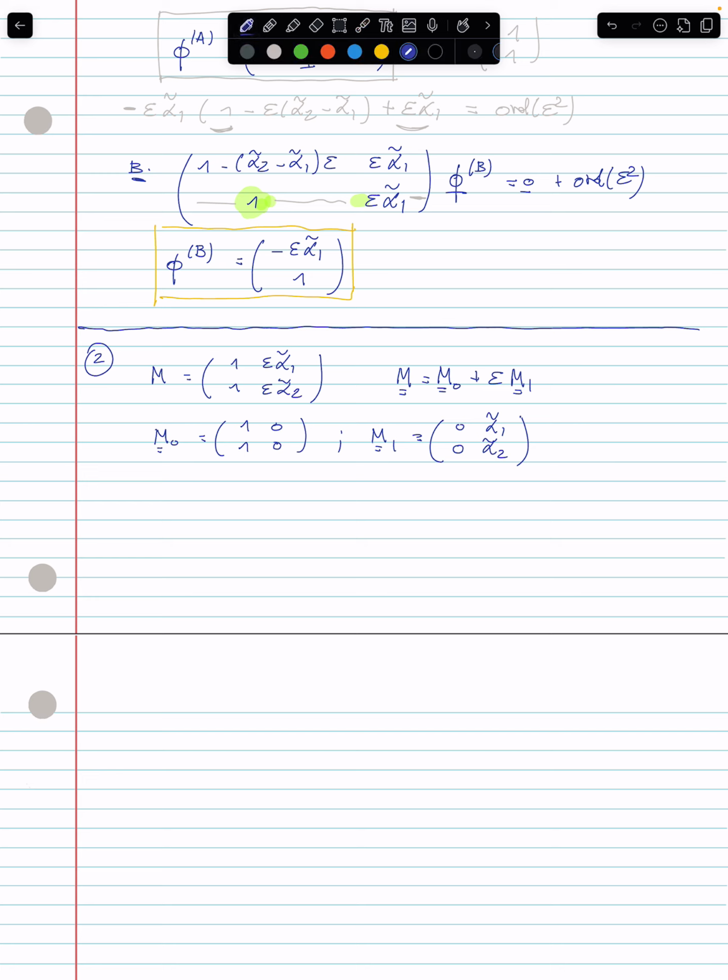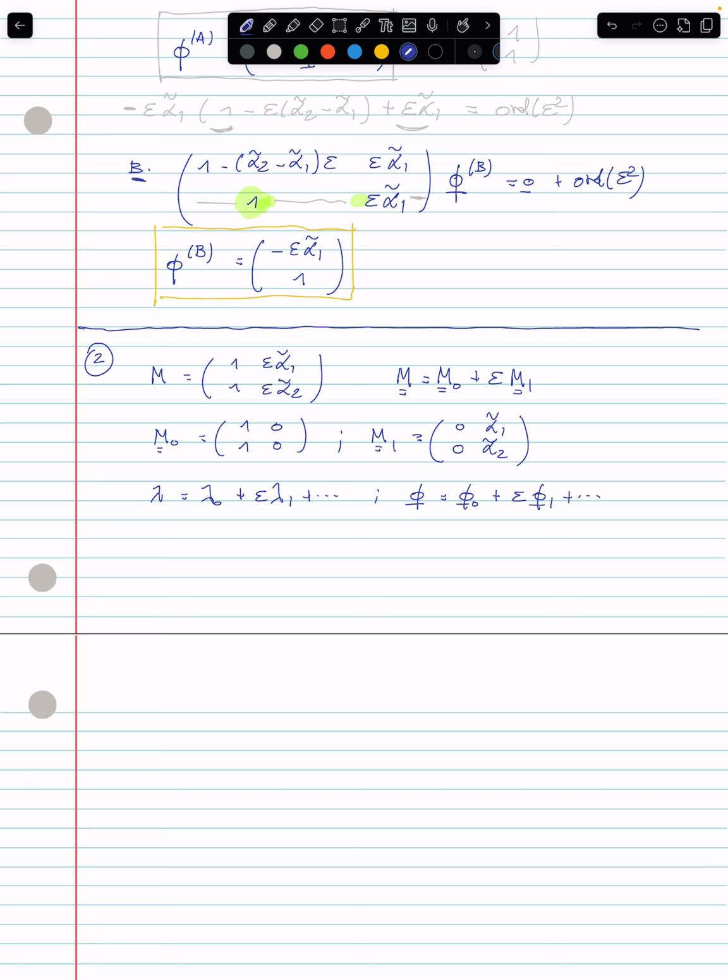And in the general approach, you remember that what we want to do is to introduce an ansatz for both eigenvalues and eigenvectors. So I'm going to use this ansatz for the eigenvalues, and I will use this ansatz, phi 0 plus epsilon phi 1 and so forth, for the eigenvectors.